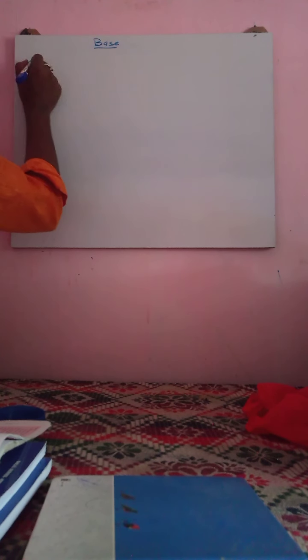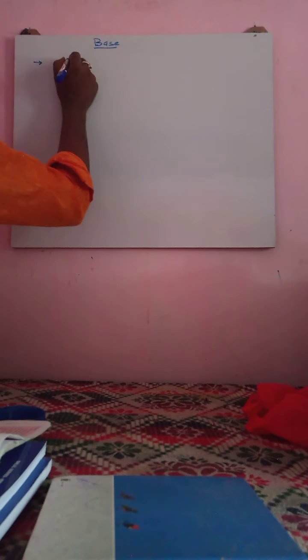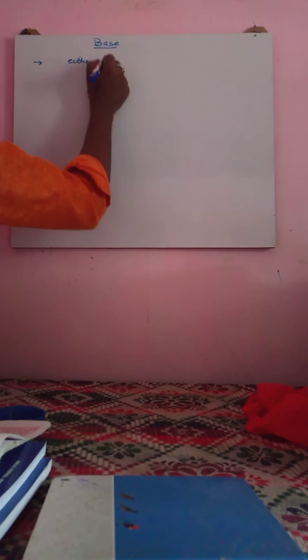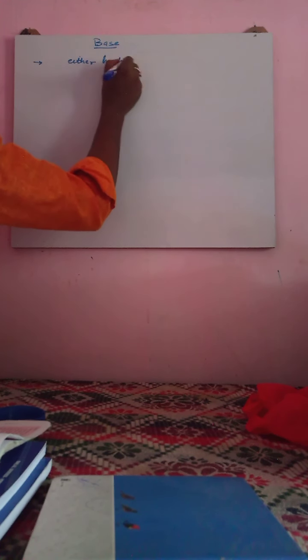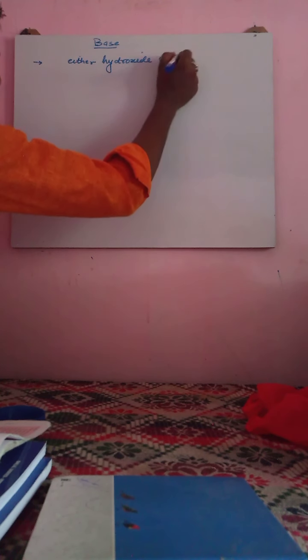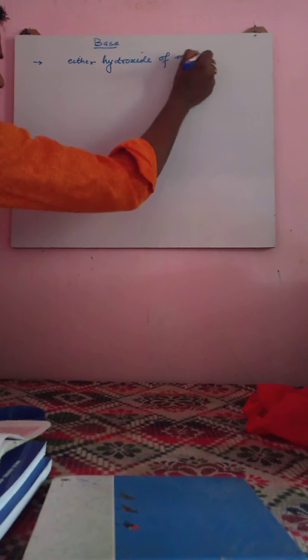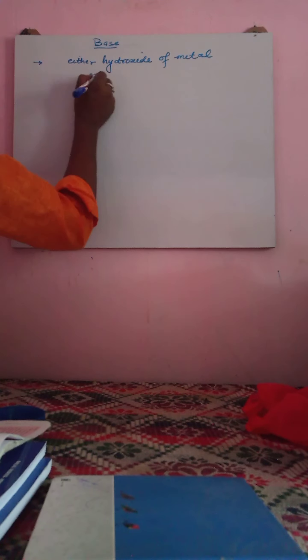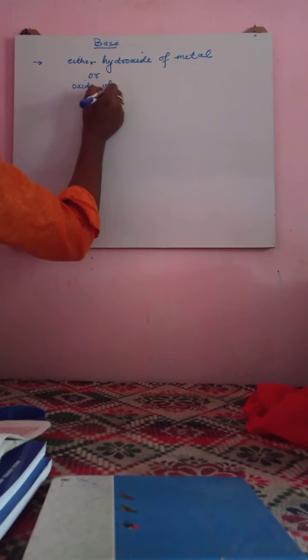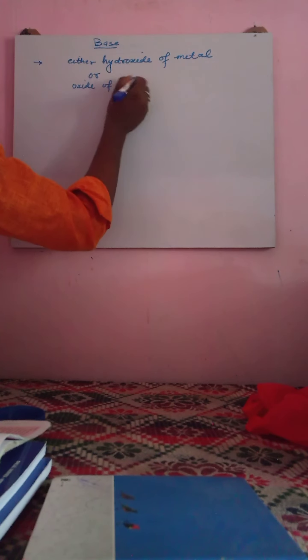In a very simple way, base is either hydroxide of metal or oxide of metal, right? So what is base?